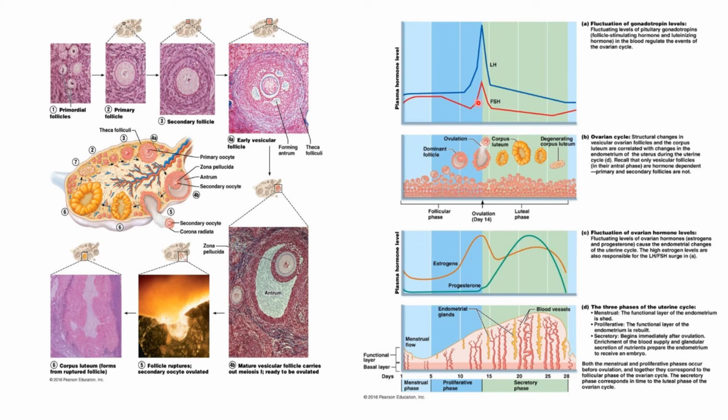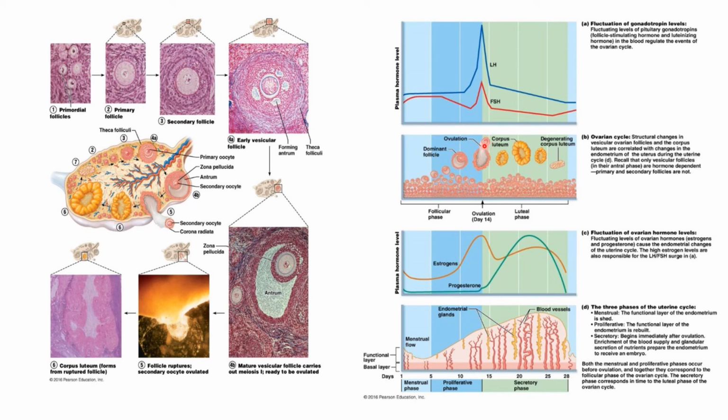You notice that all of a sudden the LH hormone starts to increase tremendously. And so when you get that LH surge, that's what's going to cause the rupture of the vesicular follicle. And so when it ruptures, the secondary oocyte is going to rupture out along with the granulosa cells that are surrounding it.